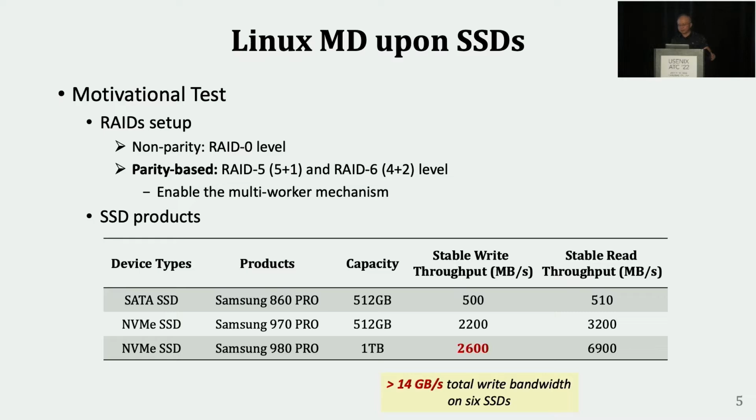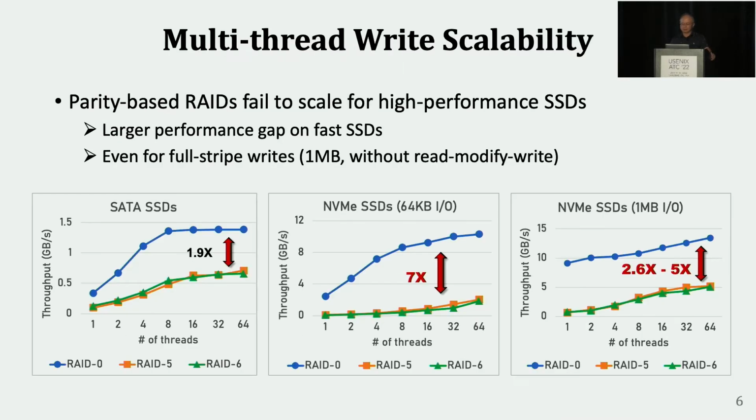So we measure the MD performance running on 3 types of SSD devices, and their I/O characteristics are listed in the table here. As you can see, for the high-end SSD, the cumulative write throughput can reach up to 14 gigabytes per second. The figures here report the throughput performance of the different RAIDs.